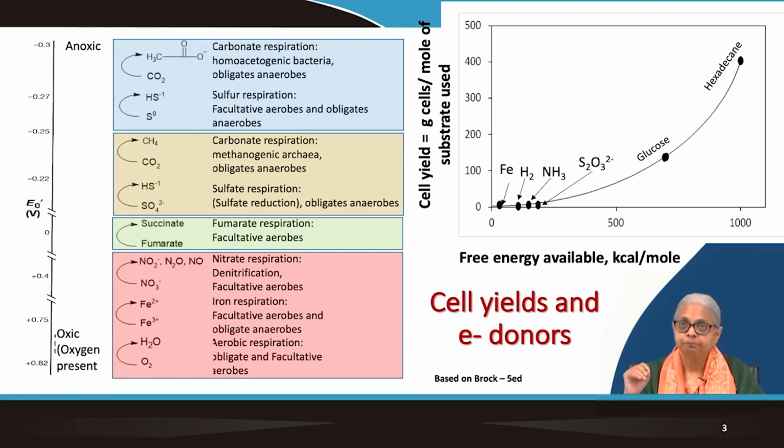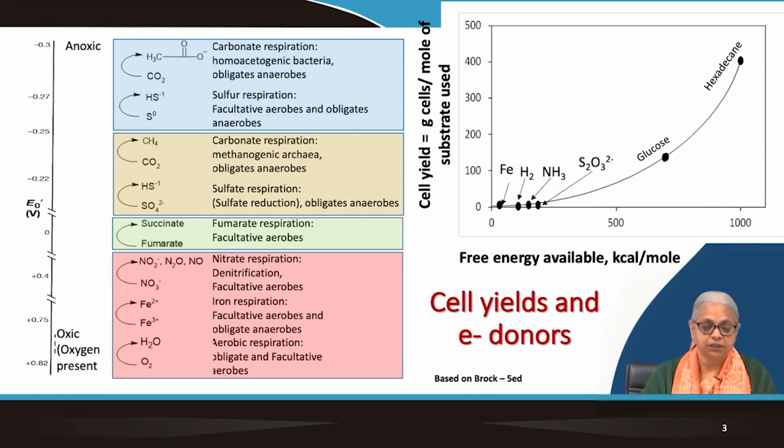This is considered to be a simple correlation between the delta G values that can be derived by coupling different electron donors with oxygen as the electron acceptor, and you get a direct correlation between the delta G values and the cell yield. On the left hand side are various examples of anaerobic respiration.